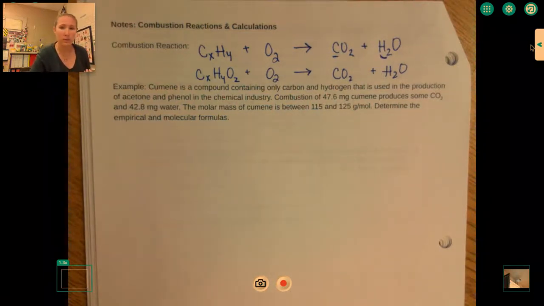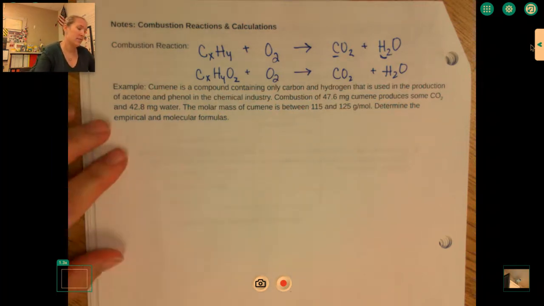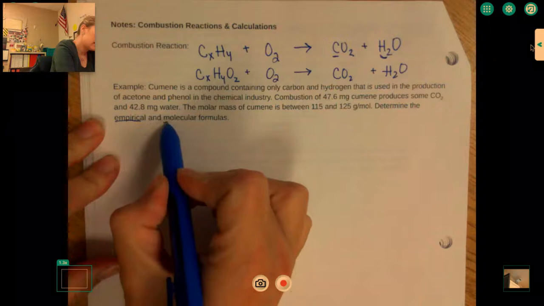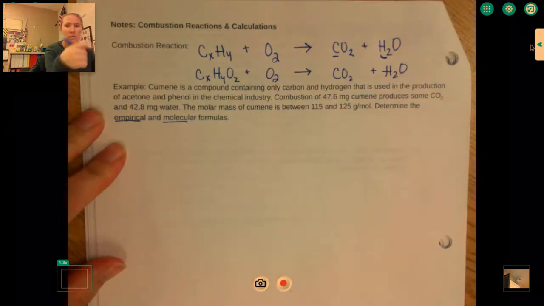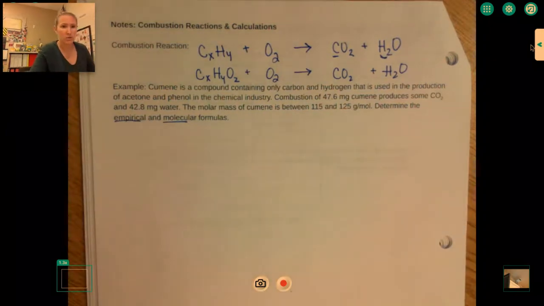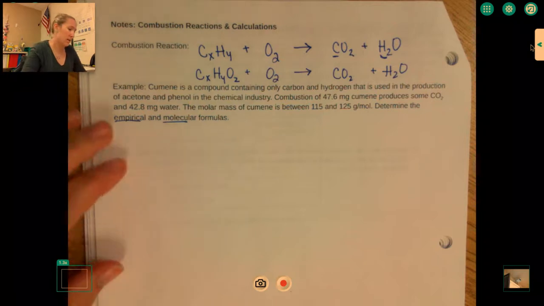So we're going to work through an example that does this. And on these, you're going to be asked to find both empirical and molecular formulas. That's why we spent some time learning about those earlier this week and last week.